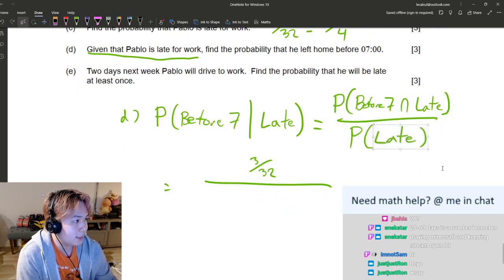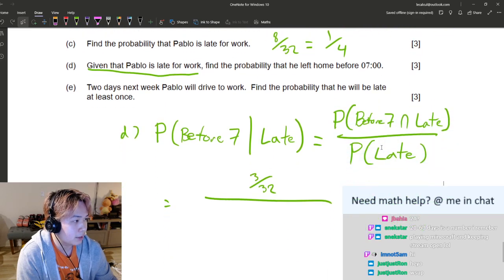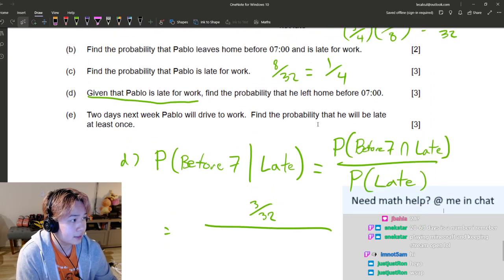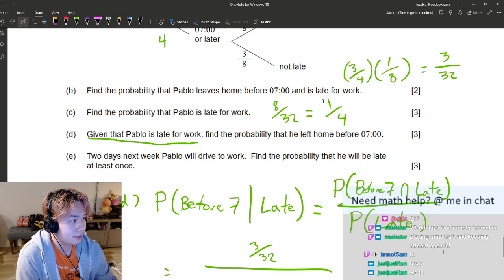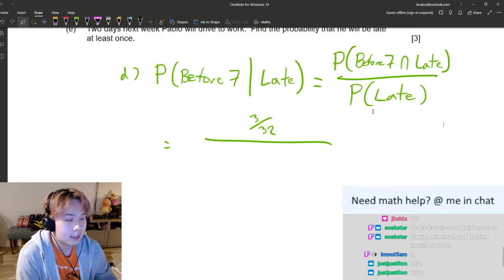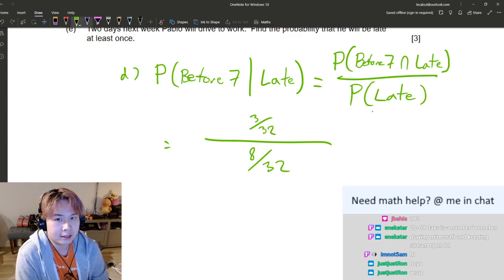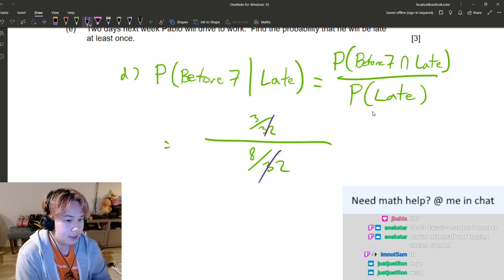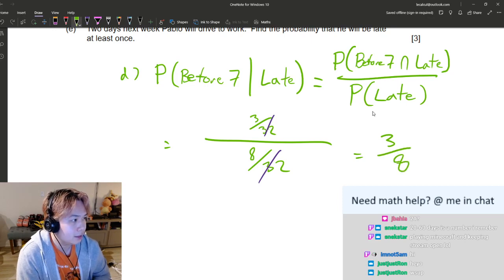The probability that he's late overall, regardless of whether he leaves before or after 7, is 1 out of 4 or 8 out of 32. I'm going to use the 8 out of 32 just because the 32s will cancel out. So 1 over 32 and 1 over 32 cancel out, and you're left with the probability 3 out of 8.